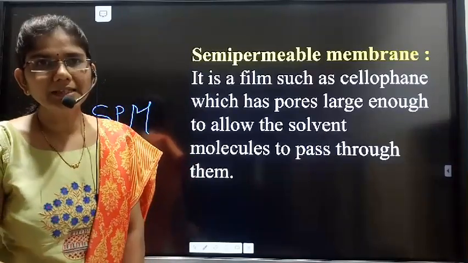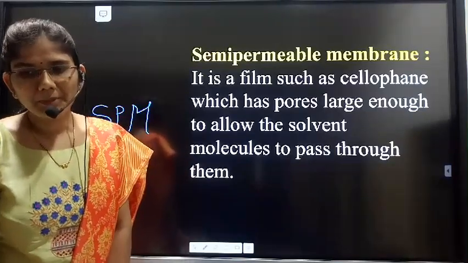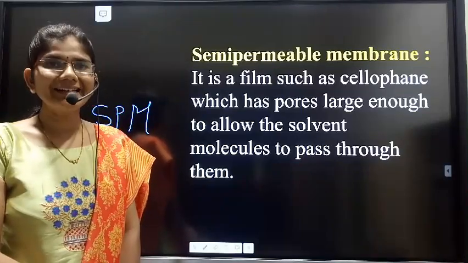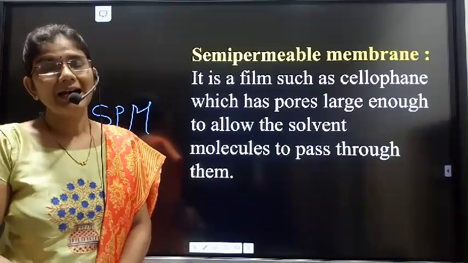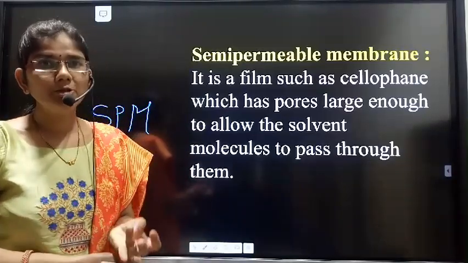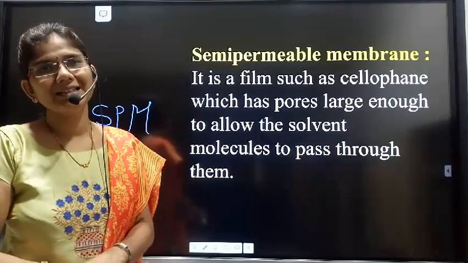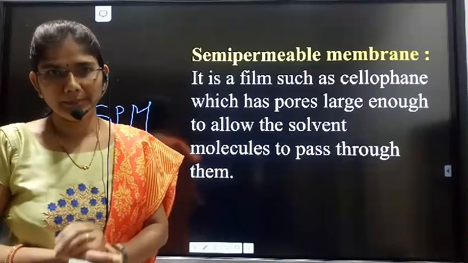For example, animal bladder, copper ferrocyanide, cellulose, and cellulose nitrate. All these are examples of a semi-permeable membrane.